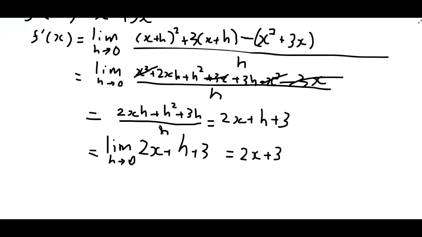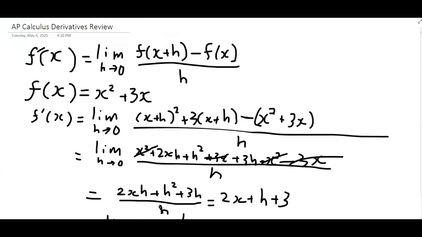Sorry about forgetting to put the parentheses here, but this is how you can get the derivative of f with respect to x using the limit definition above. So yeah, there you go.